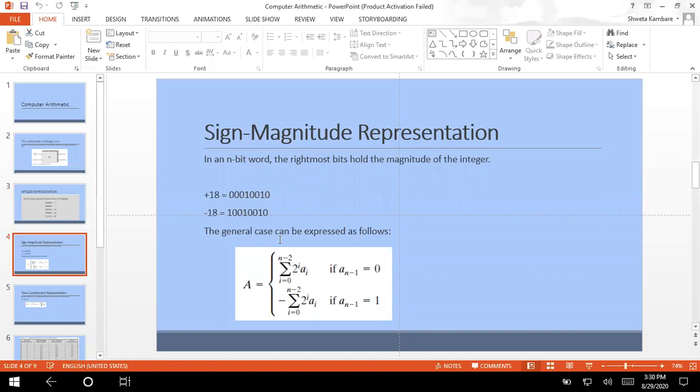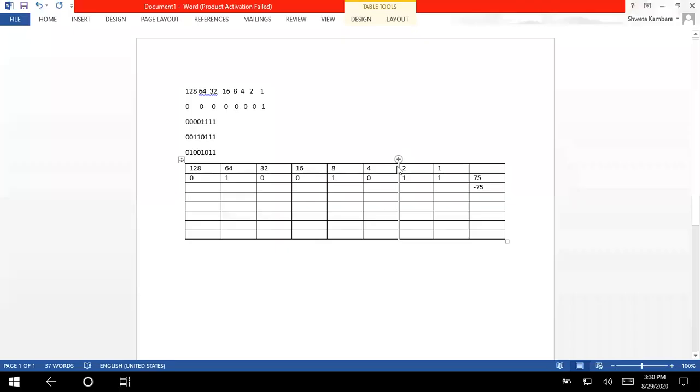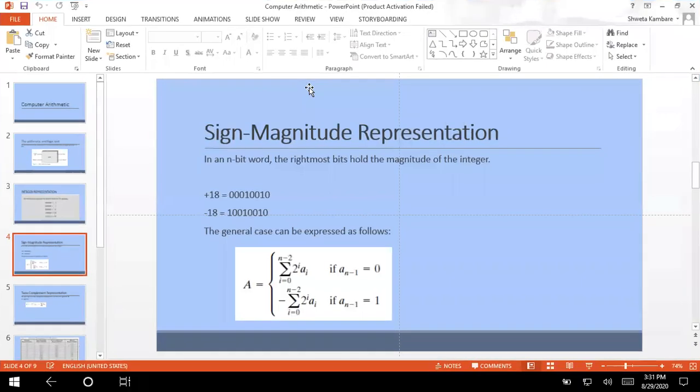Remember, this is your least significant bit, LSB, and this is your most significant bit, MSB. This is important because your most significant bit will be 1 if your number is negative.